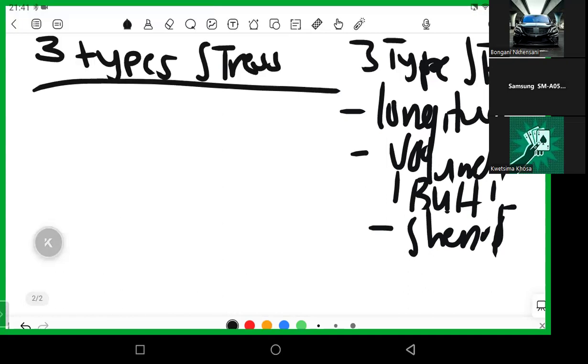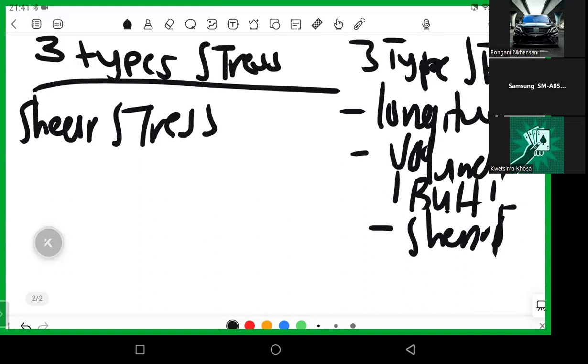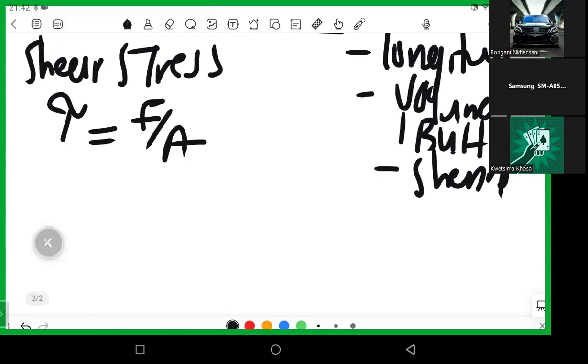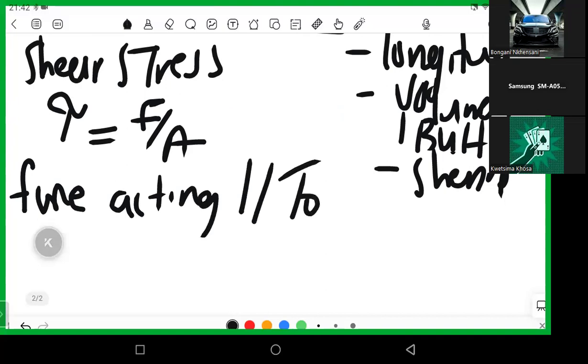With stress, we've got shear stress, which is represented by lambda equal to force per unit area. This one checks the force acting parallel to the surface of that object.